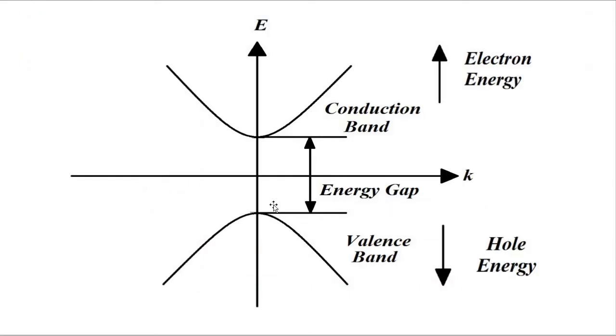So if we can adjust this energy gap, if we can bring it closer and minimize this energy gap, then the transition between valence band and conduction band will be smooth.